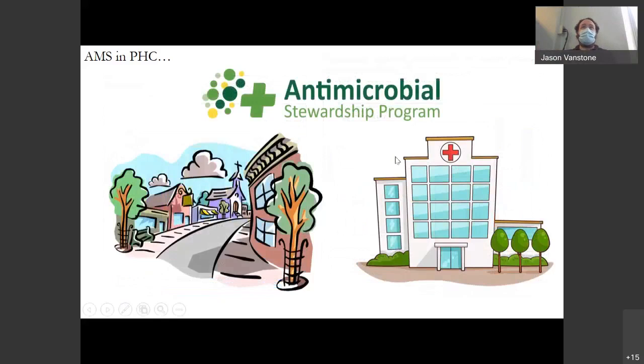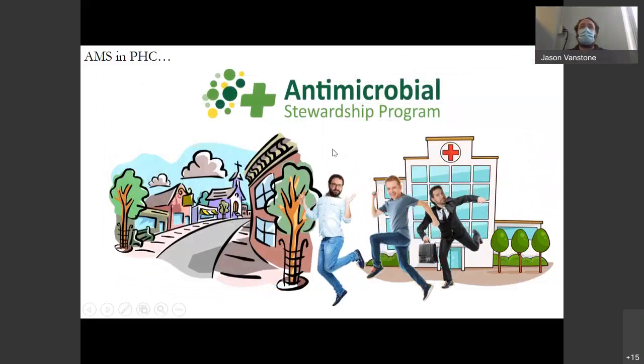We were looking at what we can do inside the hospital, but we also decided we need to take a look at the primary healthcare setting, and we can't just ignore that. So Bob and Casey and I went tearing out of the hospital and did a bit of a road show, and connected with people in the community to try and better understand what the needs were for antimicrobial stewardship in the community, what kind of interventions would be most effective, and just trying to get a sense of how we could be most effective in doing antimicrobial stewardship in the community.